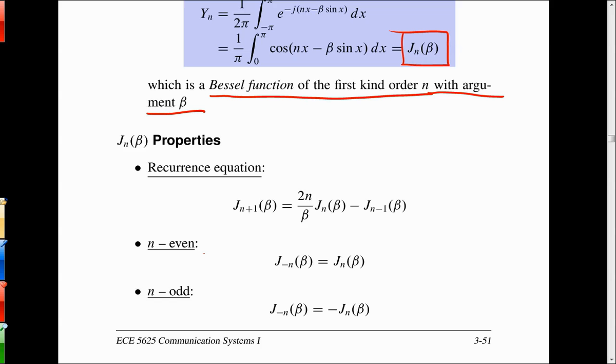Nowadays, because you're spoiled by computers, you're saying, why would I care about a recurrence? But in the olden days, when computers weren't that available, you'd have a handbook with two of the Bessel functions listed in intimate detail for a whole range of parameters, beta. Then if you wanted the next Bessel function order up, suppose you had J0 and J1, you could get J2 from this recurrence, and then bootstrap yourself along.